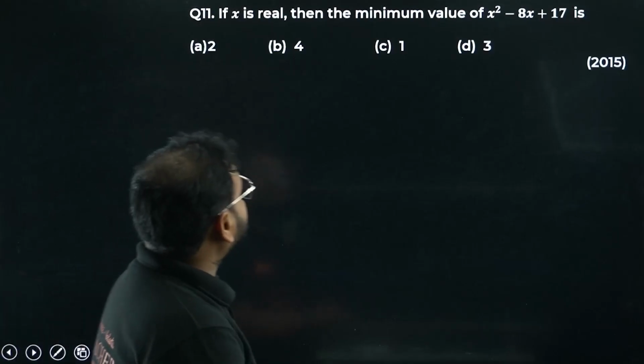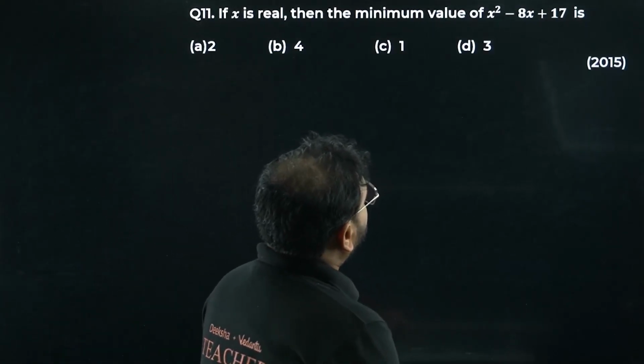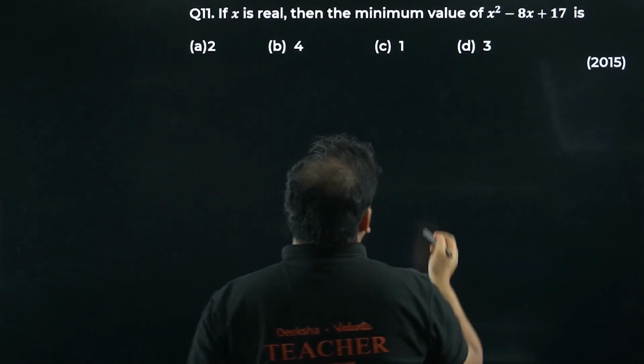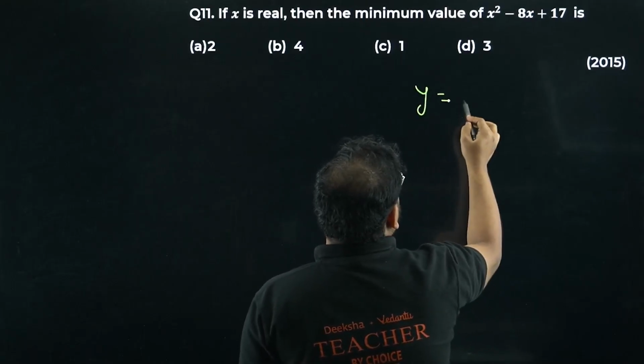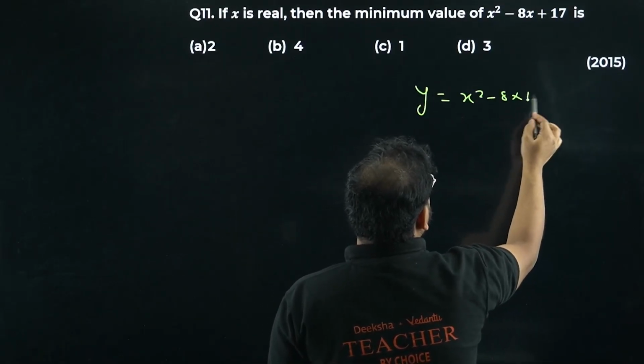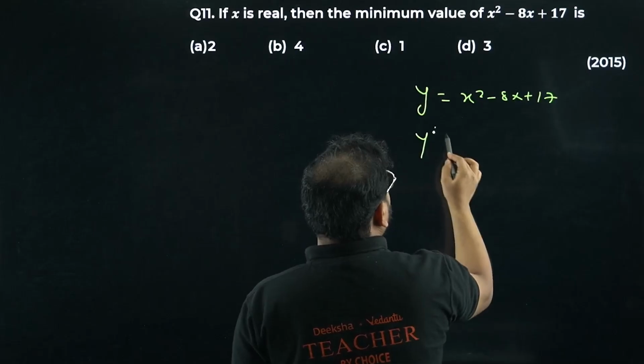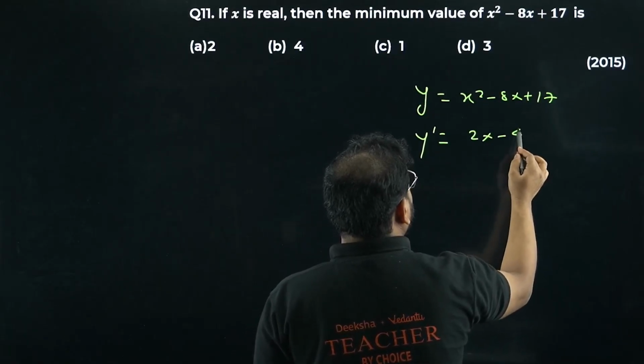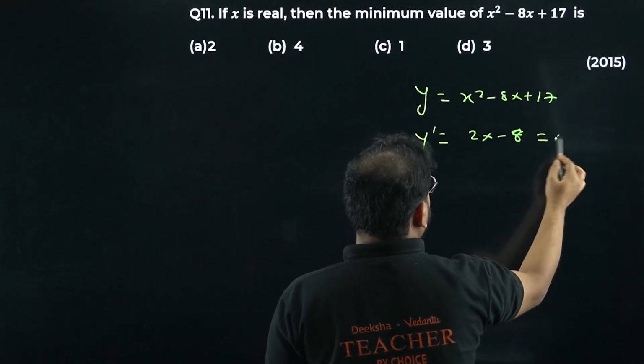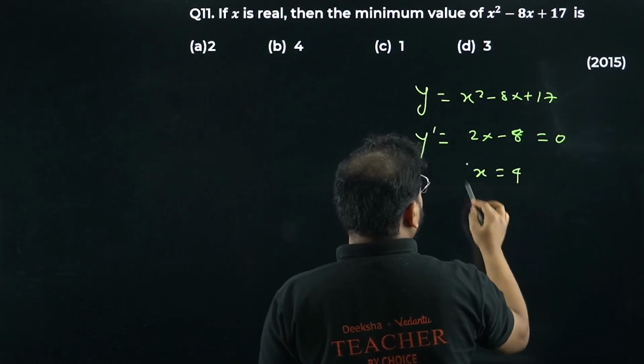Question number 11 now. If x is real, then the minimum value of x square minus 8x plus 17. To minimize it, y dash will become 2x minus 8. Put it equal to 0, I get x value as 4.